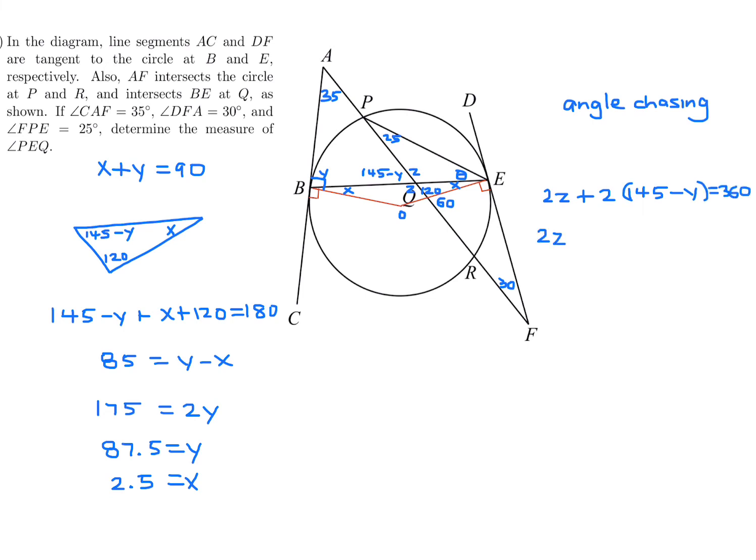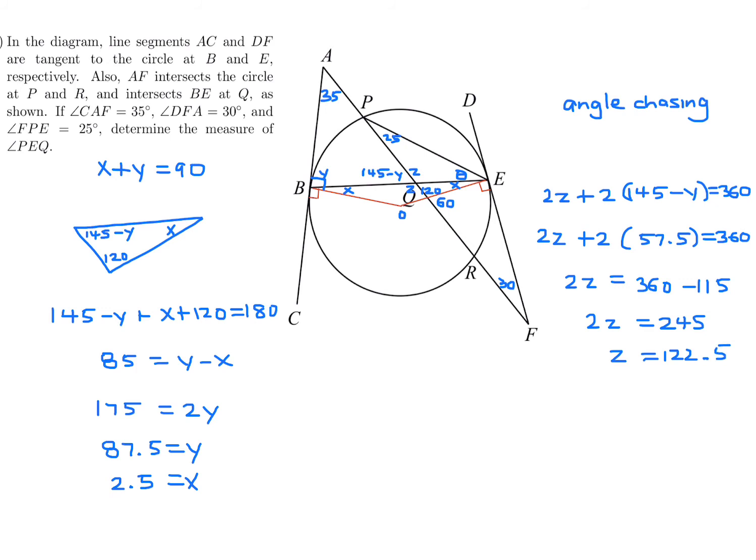Well, the Y value we know is 87.5, so that's going to be 2Z plus 57.5 is equal to 360. And therefore 2Z, if we put everything on one side, would be 360 minus 115. And therefore 2Z is 245. So therefore Z is 122.5.